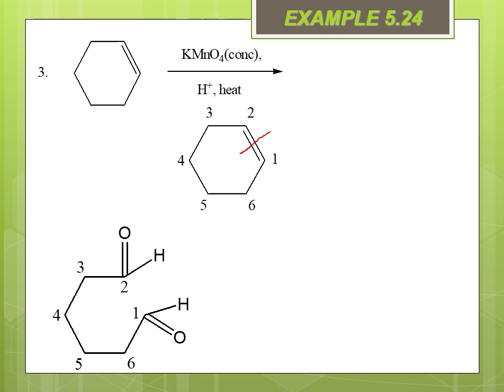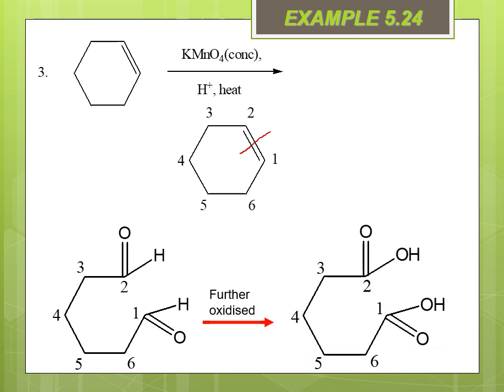As you can see here, the carbon numbers are still attached so that we are not lost. And then what happens is it's going to be oxidized further, and the hydrogen here at the aldehyde end is going to become a carboxylic end. Now it's a carboxyl group.